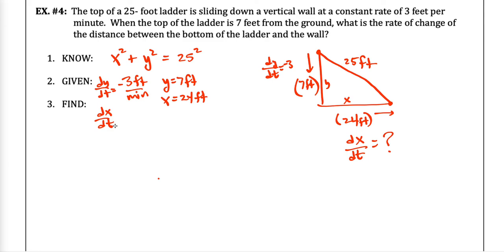Okay, should the answer be positive or negative when we're done? It should be positive, because the ladder is moving away from the wall. So the x value is getting bigger as the time goes up.